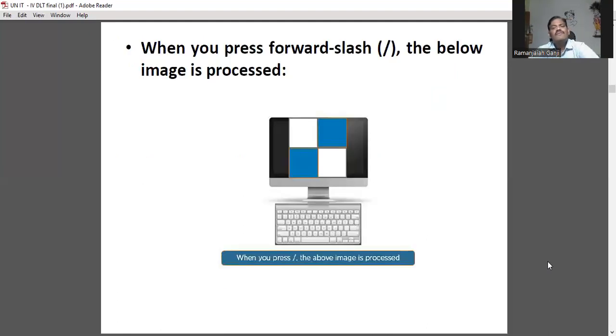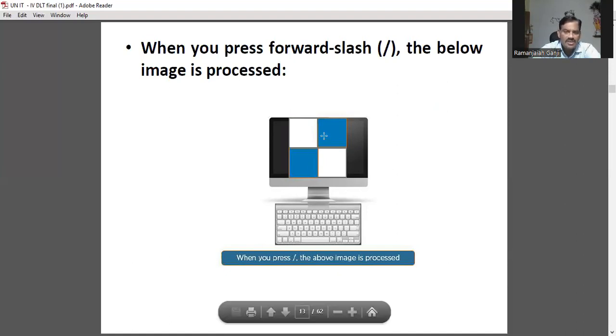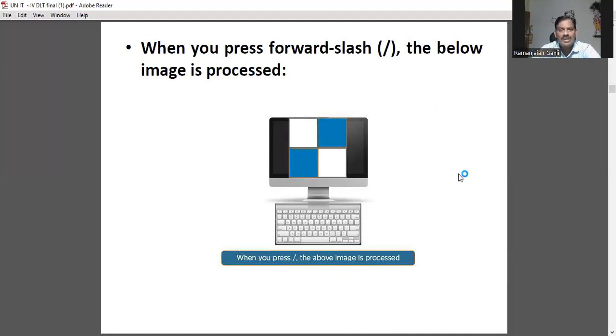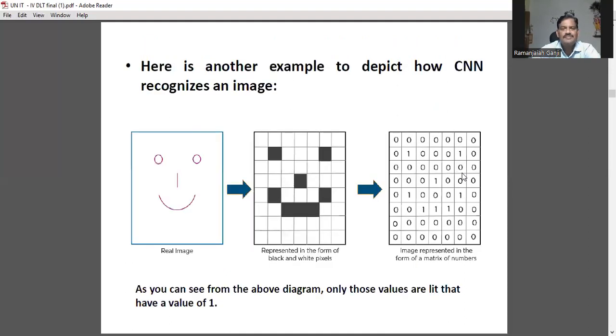When you press forward slash, 2 and 3 will be activated. If you consider these are the 4 boxes, each box is numbered 1, 2, 3, 4. In the case of backward slash, 1 and 4 will be activated, whereas in the case of forward slash, 2 and 3 will be activated and processed.